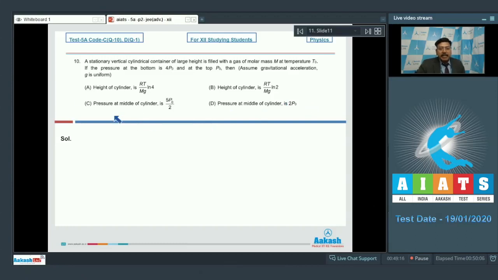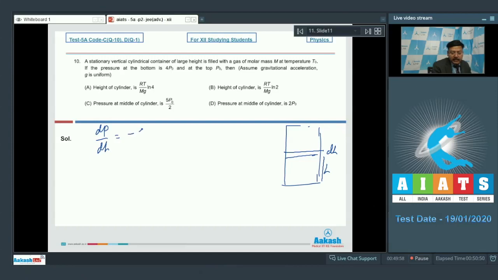Okay. We shall apply the ideal gas equation and of course the variation of pressure in a fluid. Now suppose this is the container which is filled with the gas, pressure is varying, so at some height h, and if we consider that this is dh, then we know that dP by dh is minus rho g.